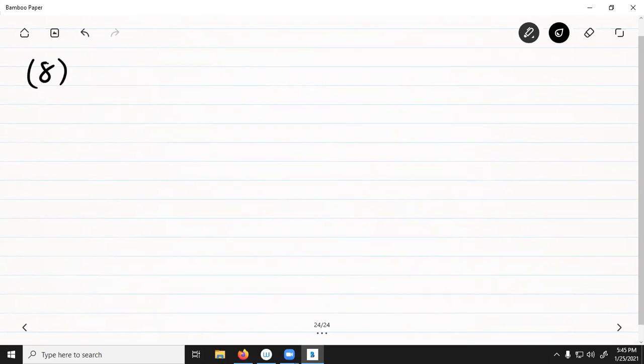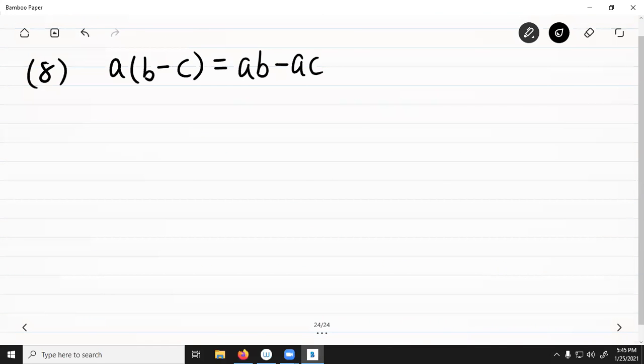Which is actually the distribution law for the subtraction. So you need to prove that A times (B minus C) is equal to A times B minus A times C. We have the distribution axiom for the addition here, right?